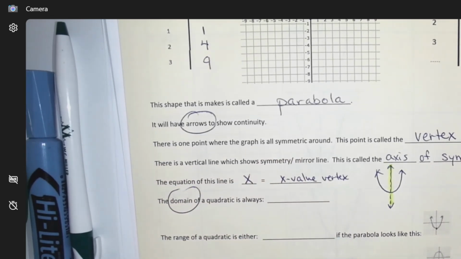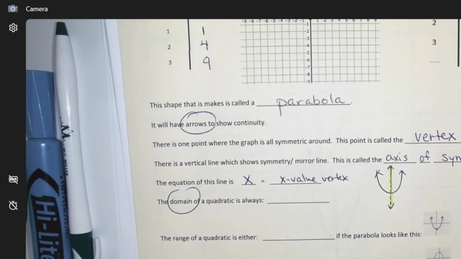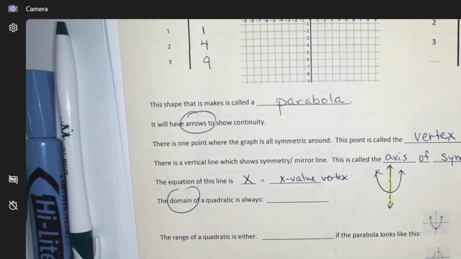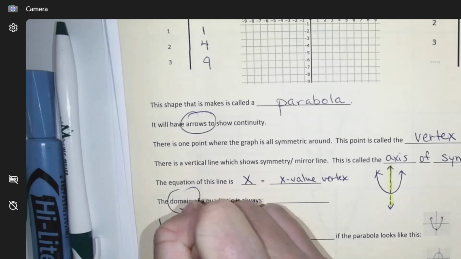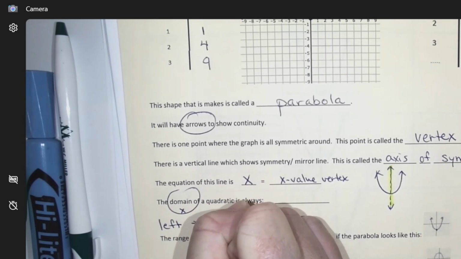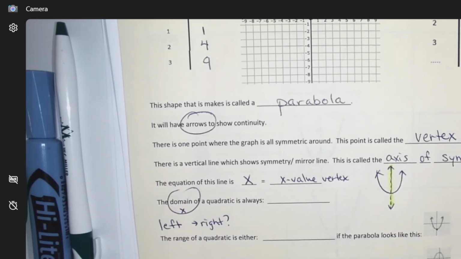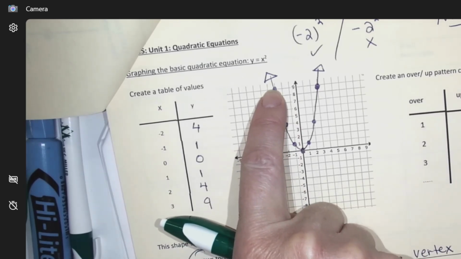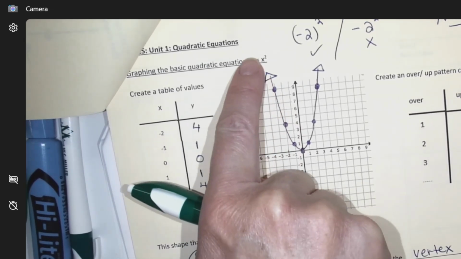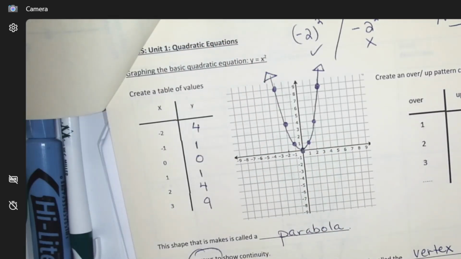Okay, domain. Which is domain? Do we talk about x's or y's when we talk about domain? X. So if we're talking about x, we're talking about how left to right. How left are we to how right are we? Okay, so how left are we going to keep going? We're just going to go, go, go, go, go.